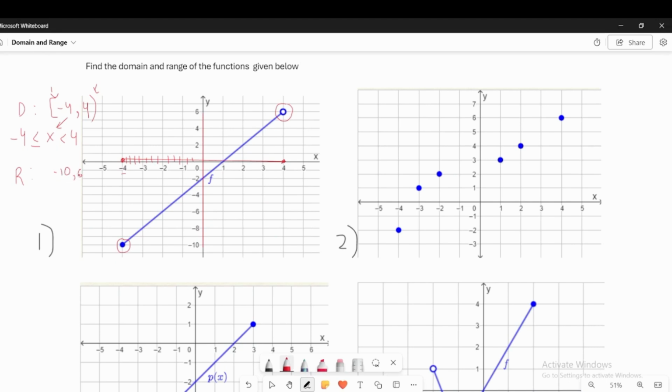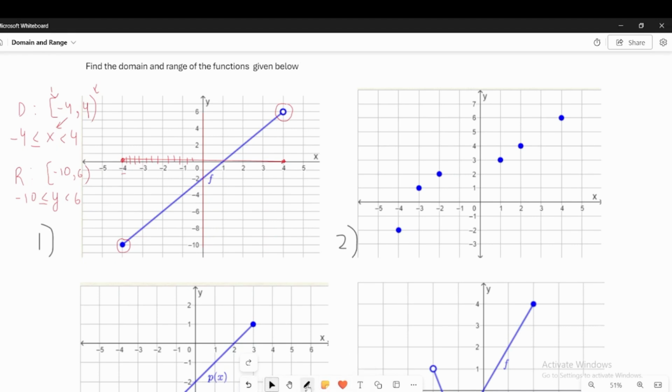Again, with -10, you are going to put a closed or square bracket, and with 6 you are going to put an open parenthesis. So again it means that y, that is your output, can be any number that is greater than or equal to -10 and less than 6. So that is how we find the domain and range of any function graphically.